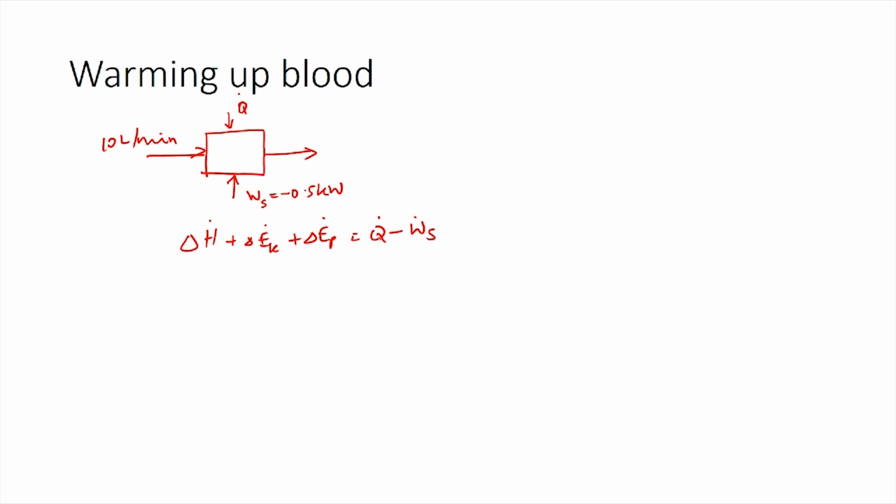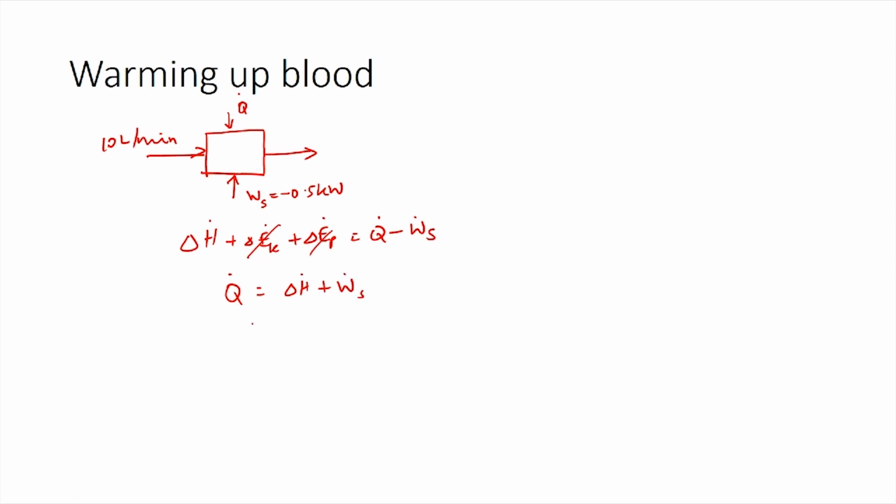In this equation we can ignore kinetic and potential energies because there is no change in height which has been given to us, or any change in the velocity of the blood which is flowing. Because of this, the equation simplifies to Q dot equals delta H dot plus Ws dot.